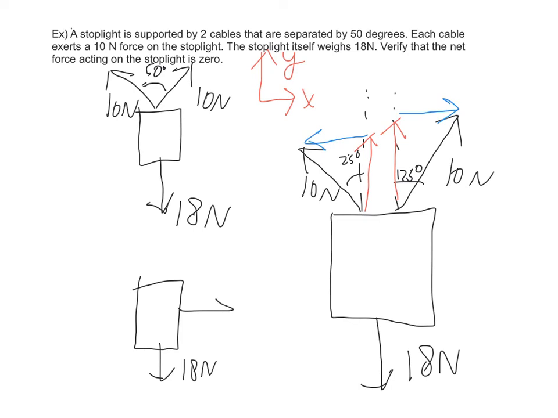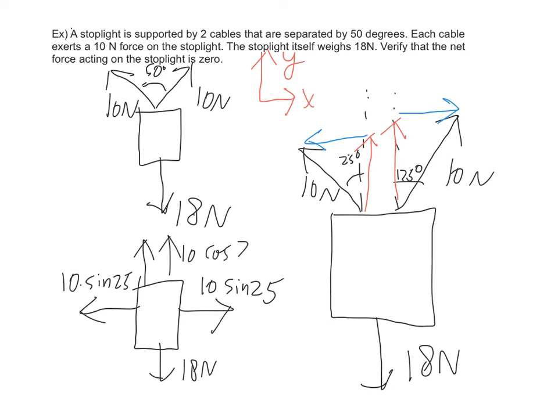We'll have a couple of x components pointing in either direction. Each one will be 10 times the sine of 25 in this case. And then we'll have a couple of y components here, and each y component will be 10 times the cosine of 25 degrees.